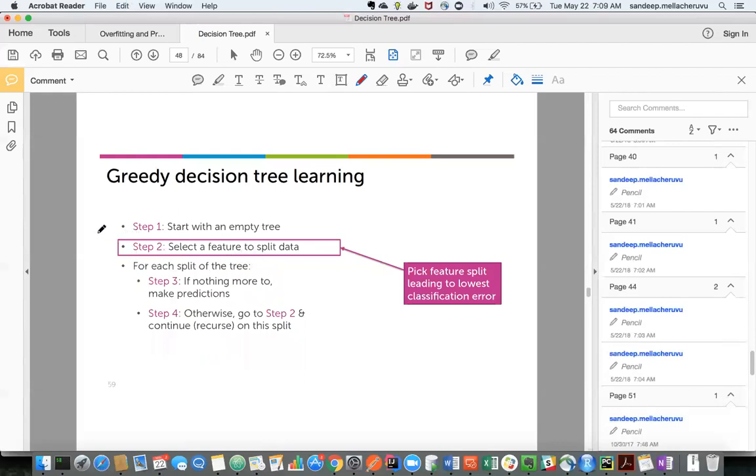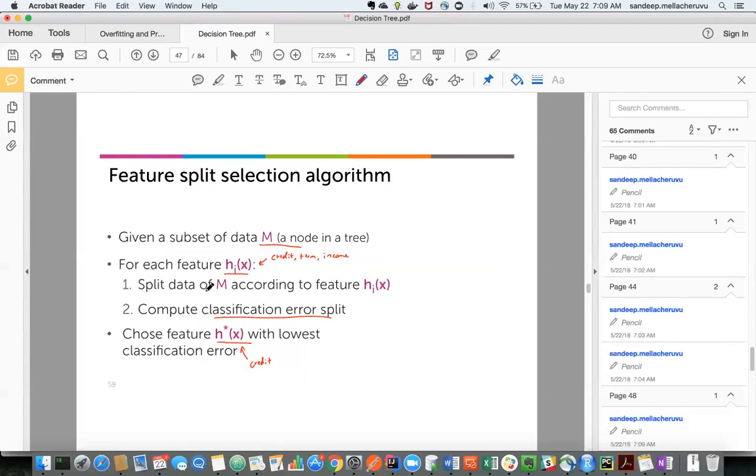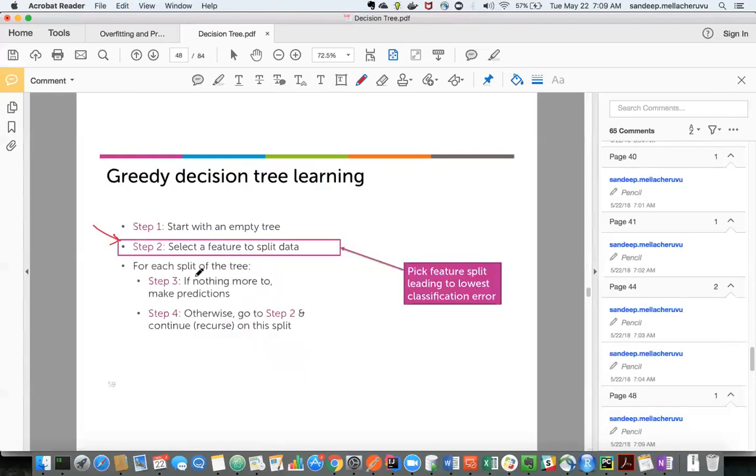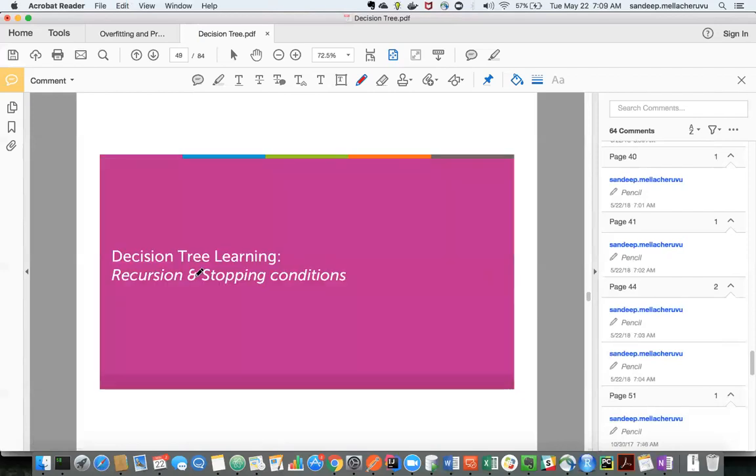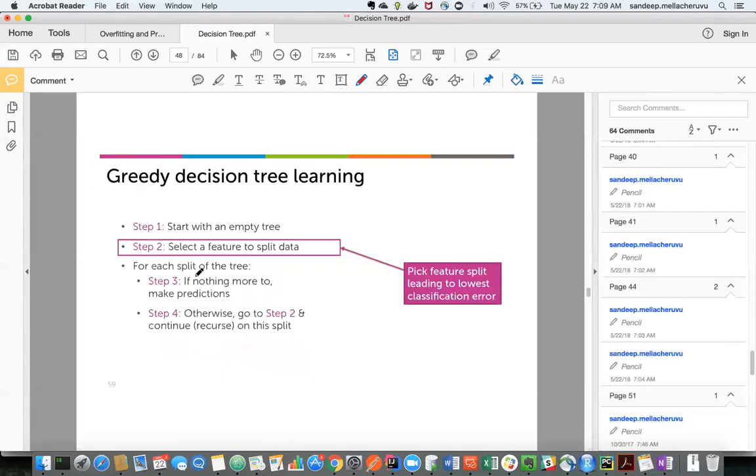Now, step 2 is much more refined. Now we know how to select the best feature. Select a feature to split the data, which is nothing but this entire algorithm. We know how to select the feature actually, not how to split. Now, when to stop?